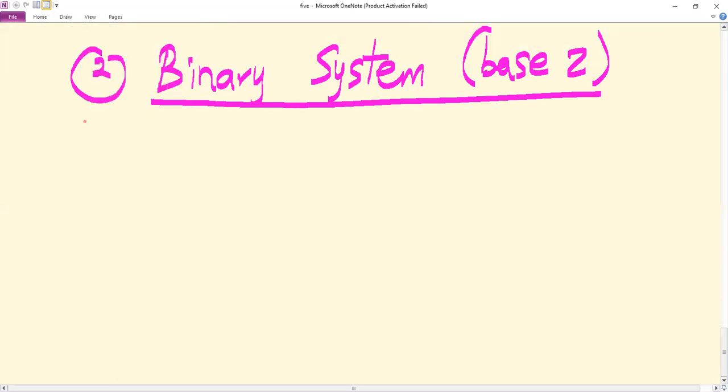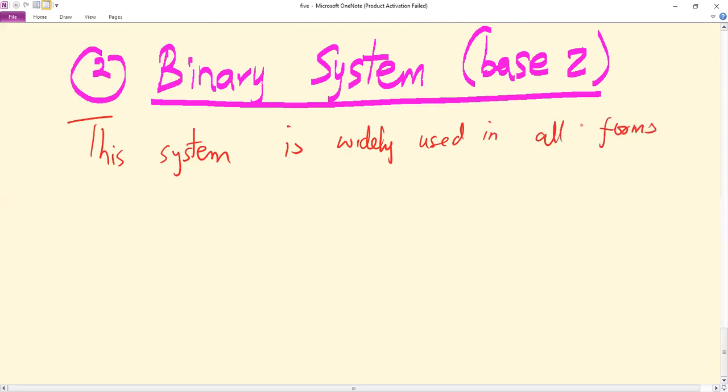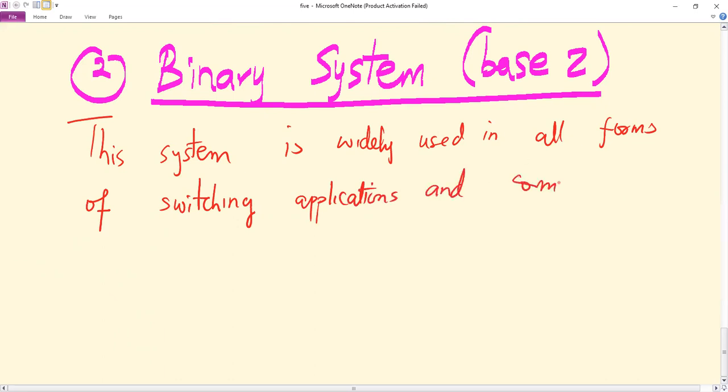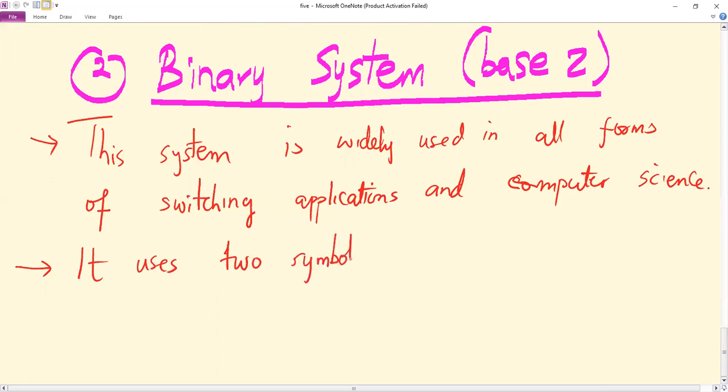So you say this system is widely used in all forms of switching applications and computer science. It uses two symbols, that is 0 and 1.